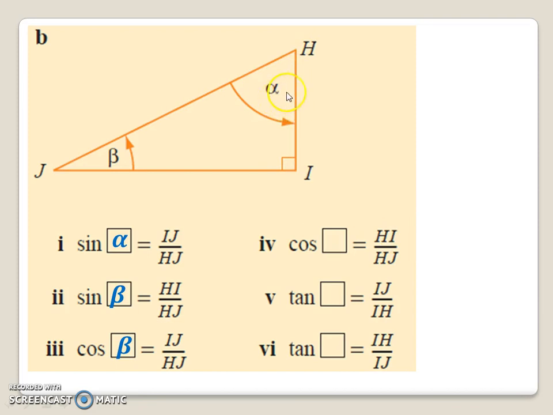So that side is adjacent to this angle, so it's alpha. Now tan is opposite over adjacent. So I need IJ to be the opposite and IH to be adjacent. So opposite over adjacent, that will be for alpha. And then when it's flipped around the other way, opposite over adjacent, that will be this one. So it's beta. Okay.